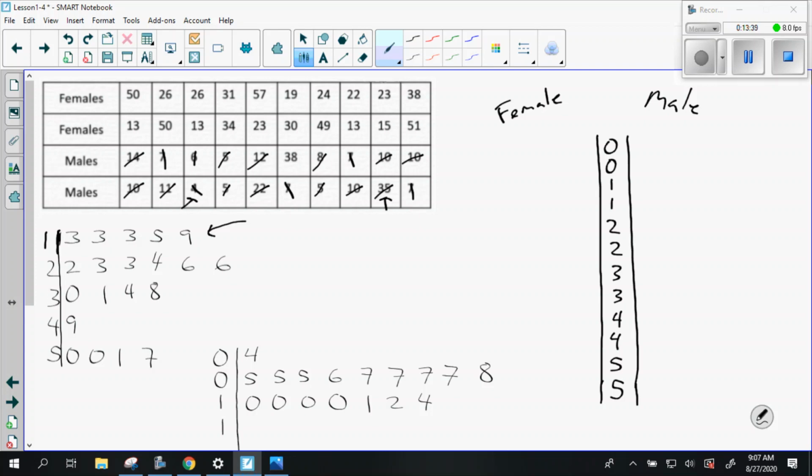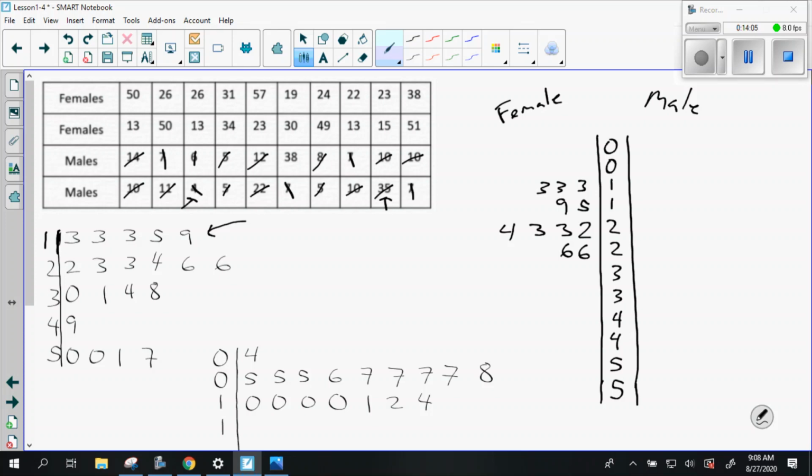So there's 13, 13, 13, 15, 19, 22, 23, 23, 24, 26, 26, 30, 31, 34.